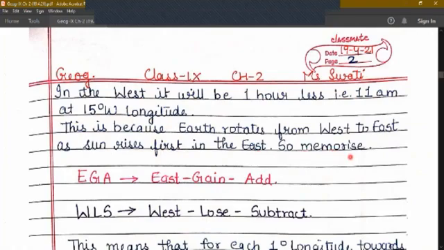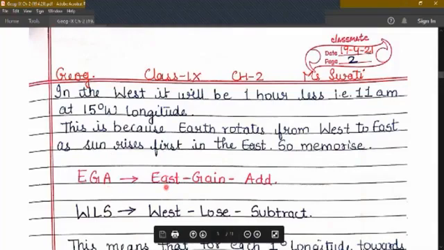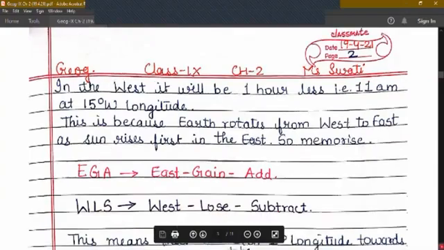So you have to memorize EGA, means east, gain, add, and WLS means west, lose, subtract. I hope you understood this.